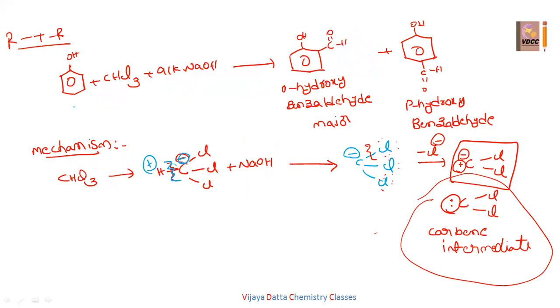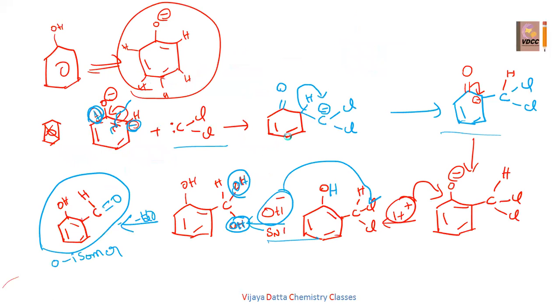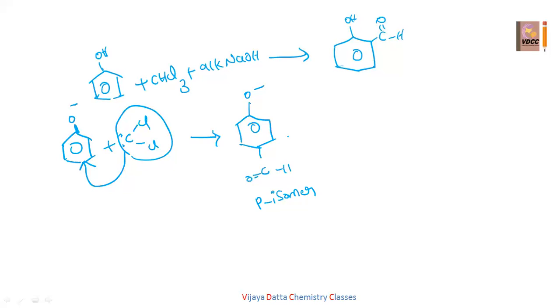Phenol reacting with chloroform in the presence of alkaline NaOH forms ortho-hydroxybenzaldehyde and para-hydroxybenzaldehyde, with ortho-hydroxybenzaldehyde being the major product. Okay, next. If ortho substituents are present, then para is major. See here, these are some important points.